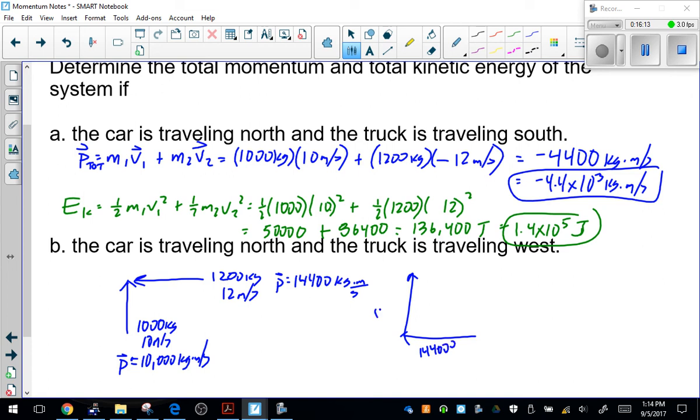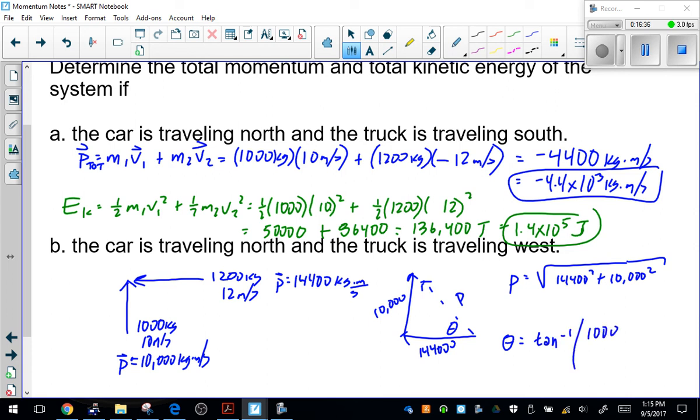14,400, 10,000, and we can find the magnitude of the momentum and the angle by doing the Pythagorean theorem. And we can find the angle by using the inverse tan function of opposite over adjacent. Opposite being 10,000, adjacent being 14,400.